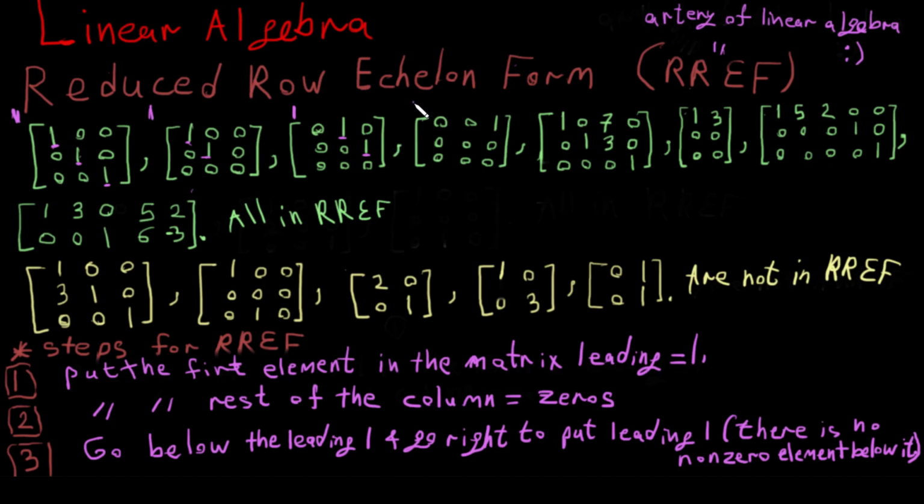Again, imagine 1, go below, then keep going until you find 1. And of course below it is equal to 0. See, above this one it's fine, but if it's below, it's not fine.